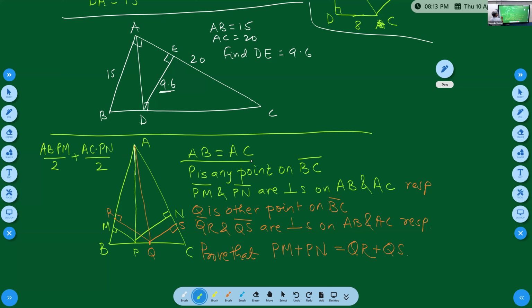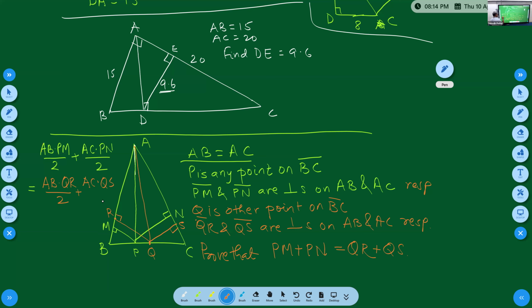So this is equal to, if we consider orange triangles, AQB, it will be AB into QR upon 2 plus AC into QS upon 2.